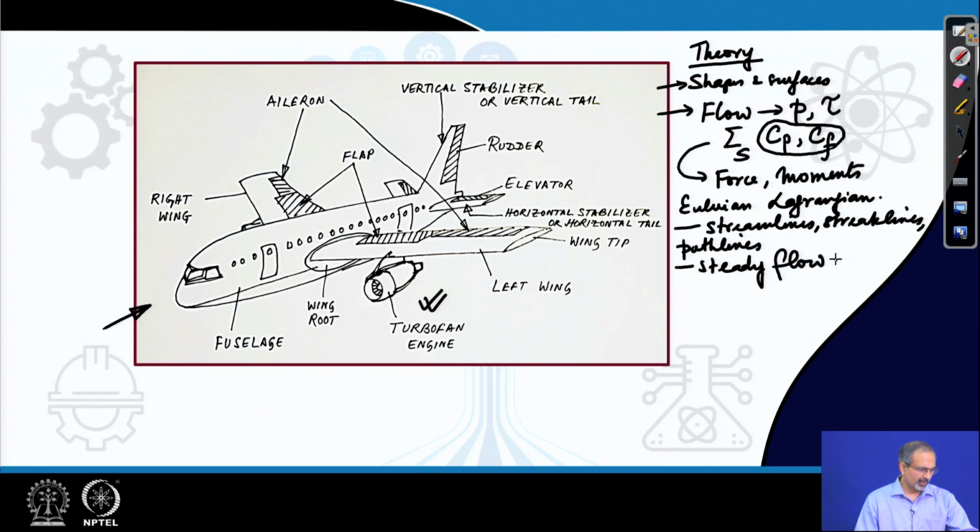And then we looked at the different conservation equations, from an integral perspective and a differential perspective.